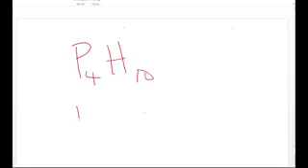So with that logic that I've just explained, can you name this compound here? P4H10 and P2O5. Yes. Anybody?